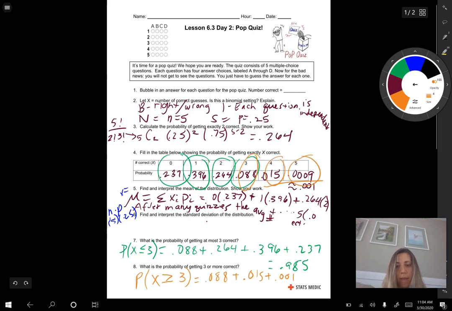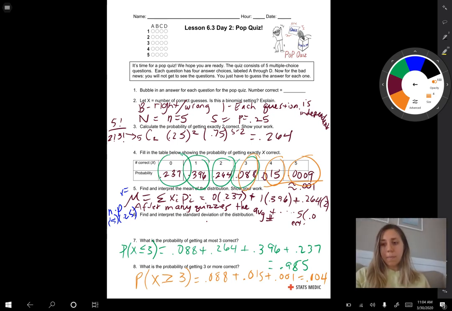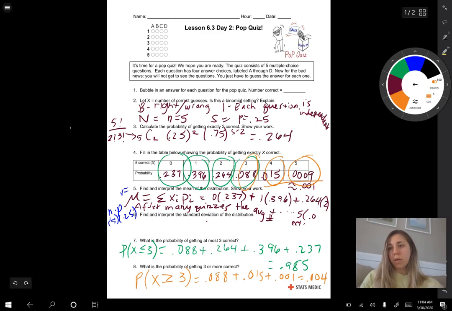So any of these, and that equals 0.104. So there are ways to do these quicker as well with a calculator function, and I'll go over those in a separate calculator video. But let's talk about your notes really quickly here.